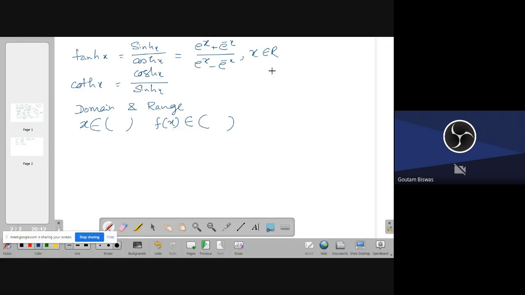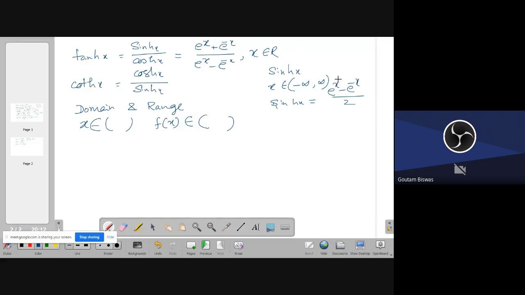So sinh x, suppose x belongs to minus infinity to infinity. So what is the expression of sinh x? Sinh x is equal to e to the power x minus e to the power minus x by 2.